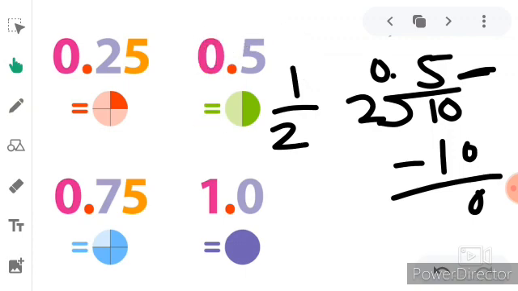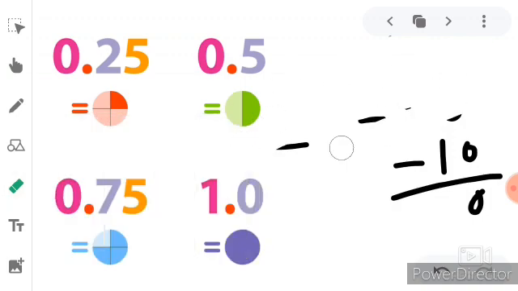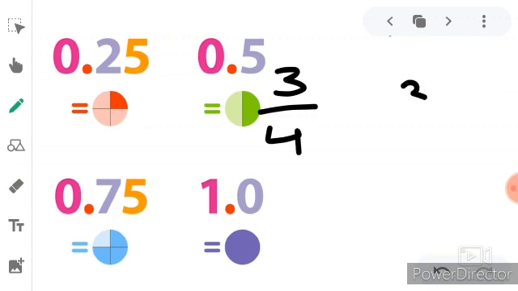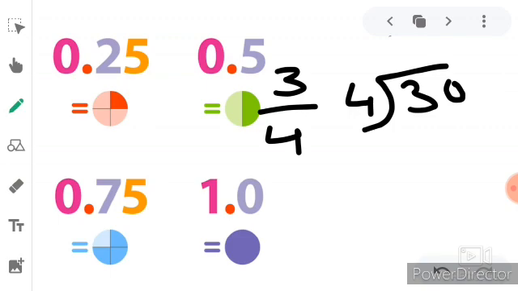Now the next, that is 3/4. 3/4 means 3 upon 4, so divide 3 by 4. Now put 0 and the decimal point over here. Read the table of 4 up to 30.